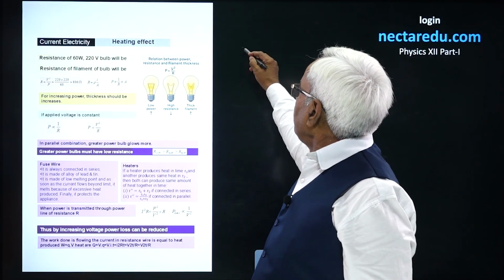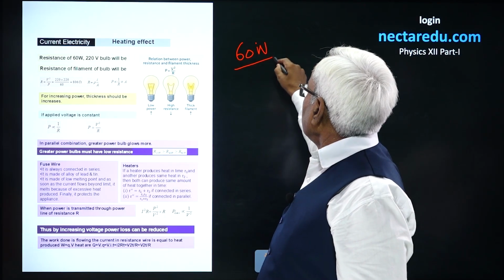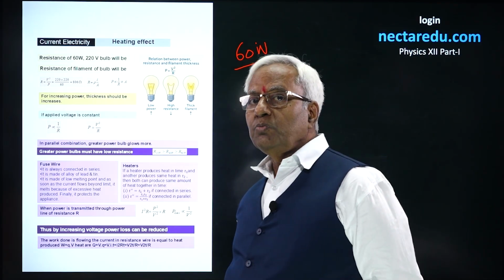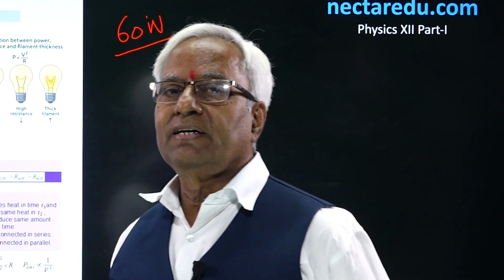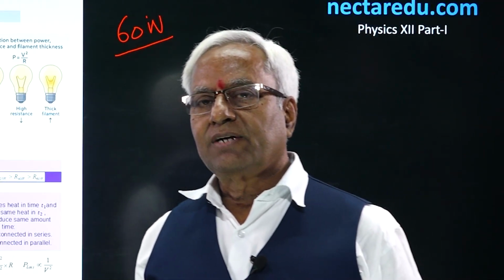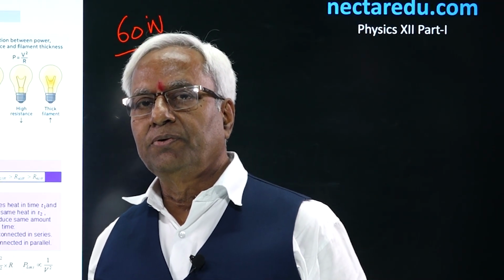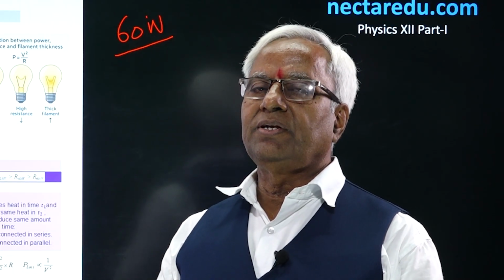See, when we say that there is a 60-watt bulb, the power consumed by the bulb would be 60 watt. It doesn't mean that it's going to give you the light also in equal amount. Actually, the percentage of energy produced by the bulb that is converted into light is very small.